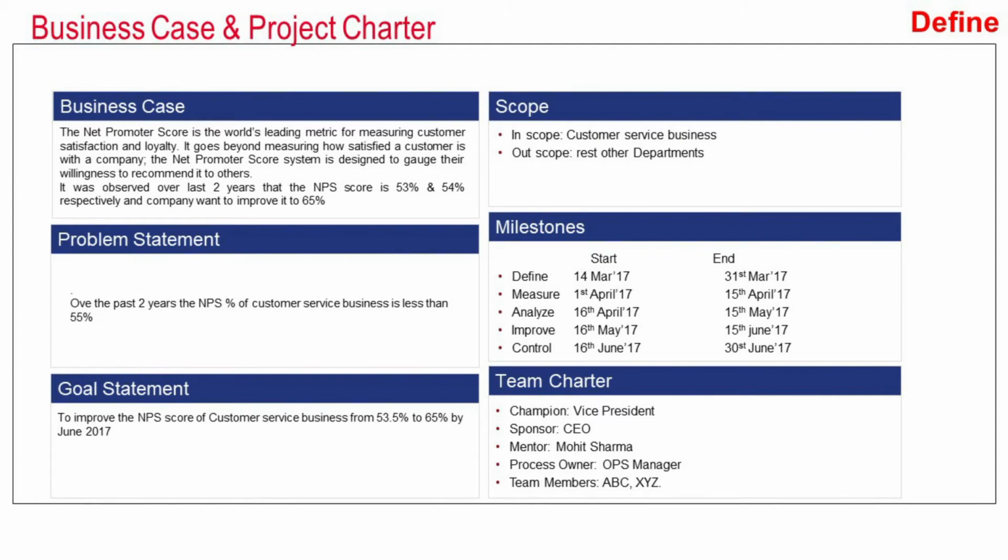The scope of the project is customer service business, and out of the scope is rest of the other departments. The milestones are the project is starting from 14th of March 2017 and it will end on 30th of June 2017. The team charter is champion has been identified for the project, a sponsor, a mentor, process owner and the team members are also been identified.